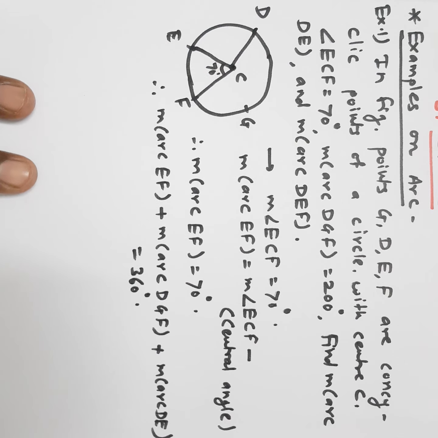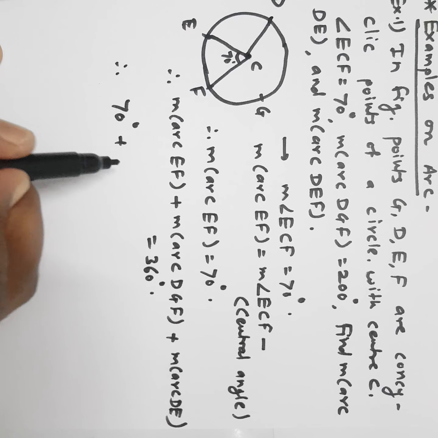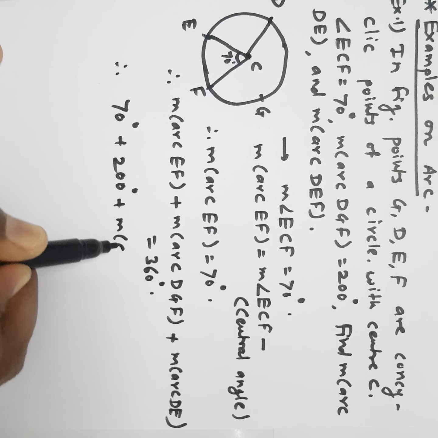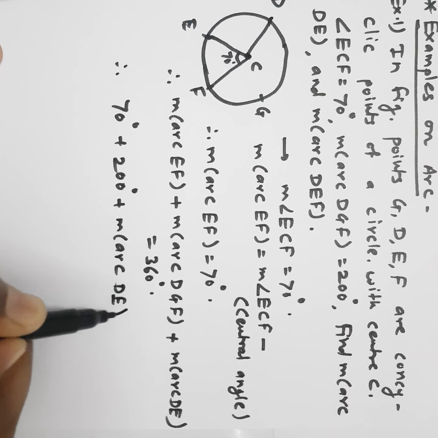These three arcs form the circle, and the measure of a circle is 360 degrees. We put in the values: the measure of arc EF is 70 degrees, plus the measure of arc DGF is given as 200 degrees, plus the measure of arc DE is equal to 360.